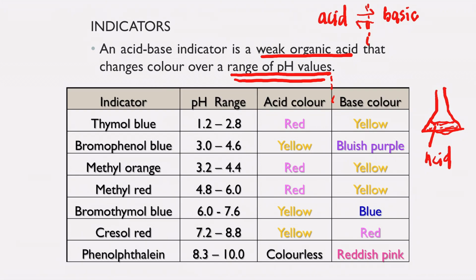Okay, and then bila awak nearing endpoint kan, maksudnya awak almost approaching the equivalence point, then you will look out for what colour? Kat sini. Pale pink kan? So, pale pink, okay, is when is your endpoint lah. Okay.